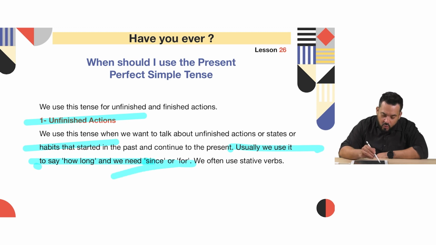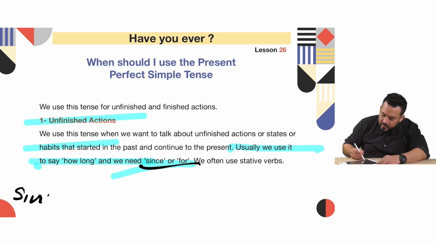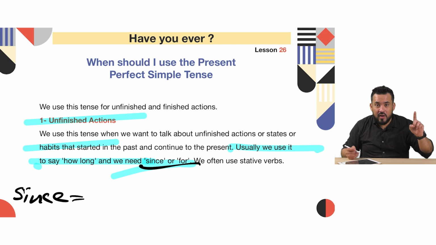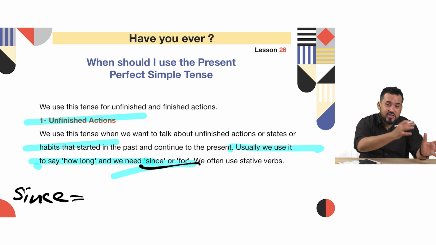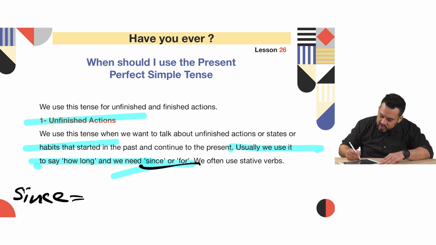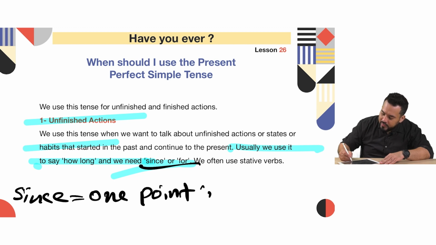Now, since and for are a little bit tricky. A lot of students get confused between since and for. Let me explain to you real quick the difference. If I use since, since talks about one point in time when something started. Okay? So, since refers to one point in time.